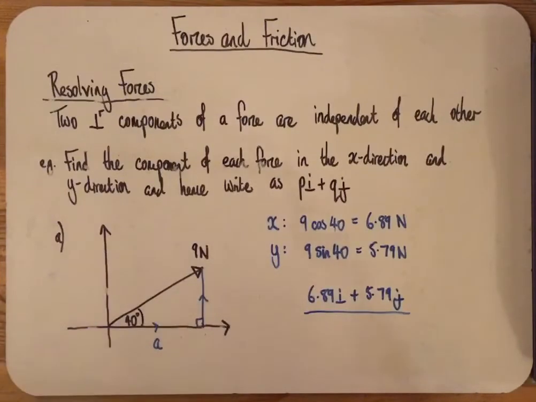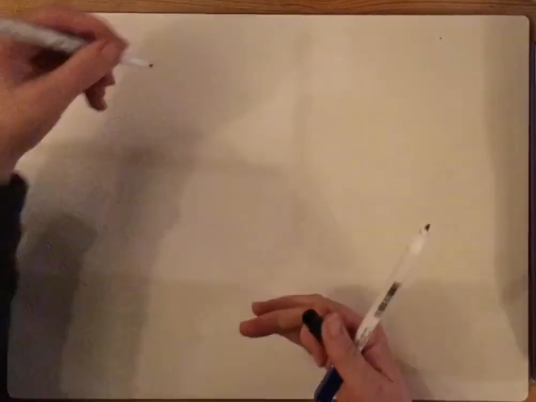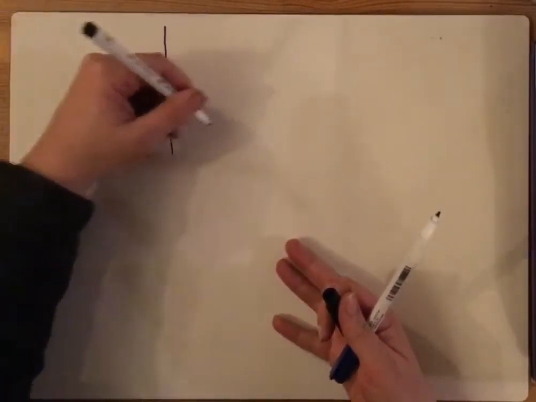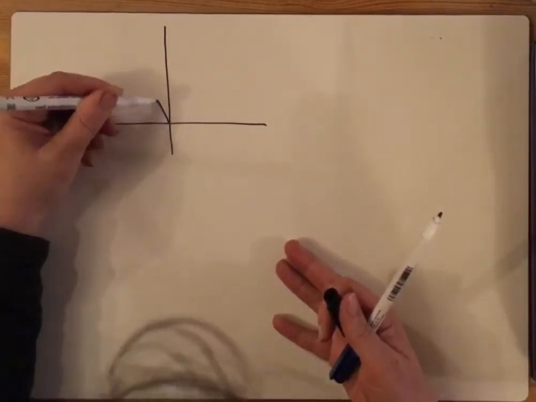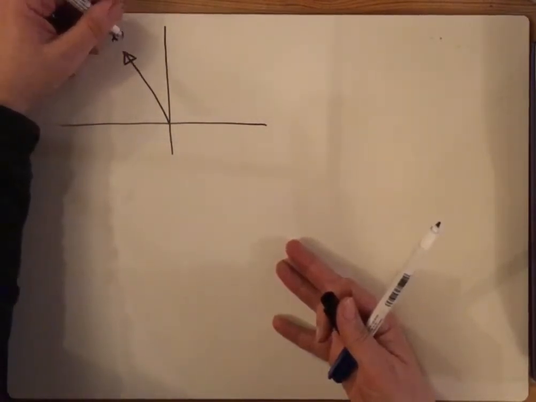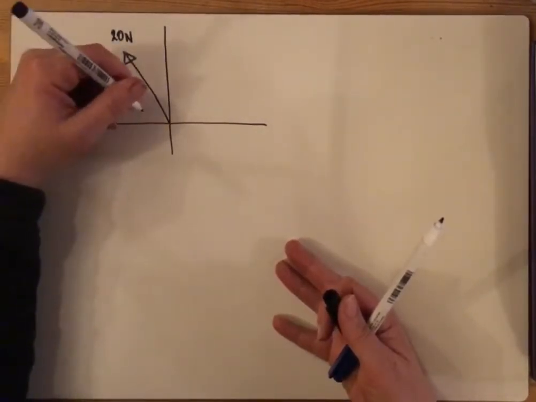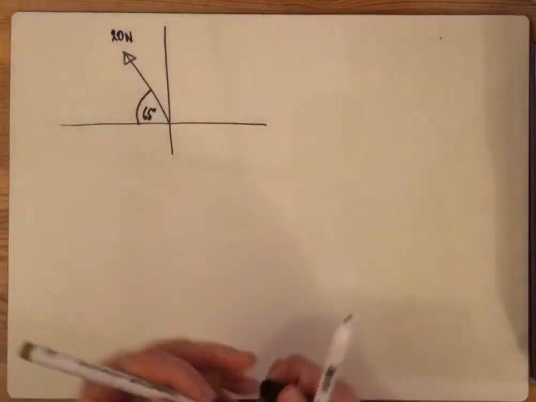I'll just do a couple more so you get a feel for it. So they're both acting in a positive direction. If we look at this one, so I've got a force of 20 newtons acting 65 degrees, like so.